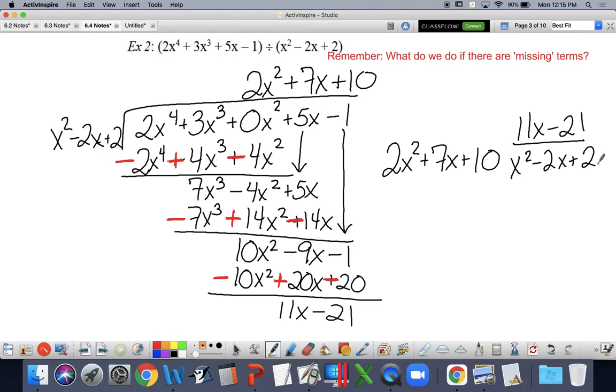I recommend thinking, okay, what do I need to multiply by to get exactly this first term? I don't care about the rest of the stuff. Just this first term.